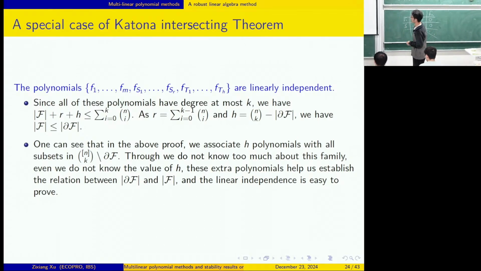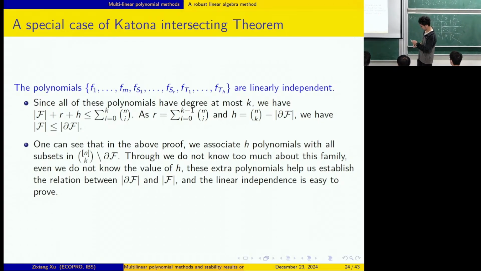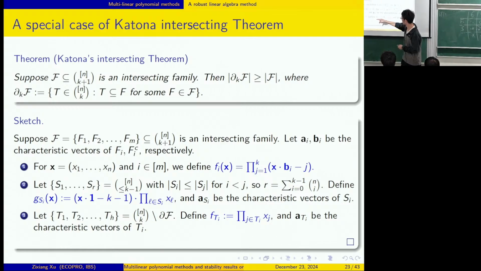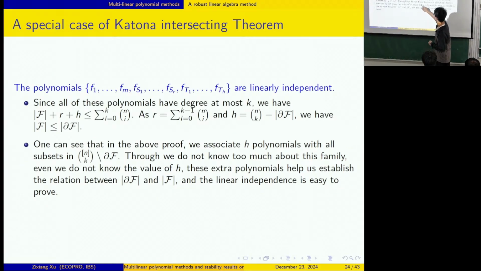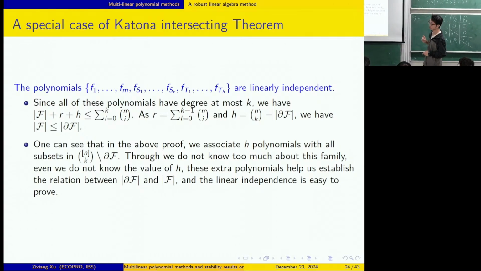And the size of F we just list here. The size of the second family is the summation of n choose i, from i equals 0 to k minus 1.